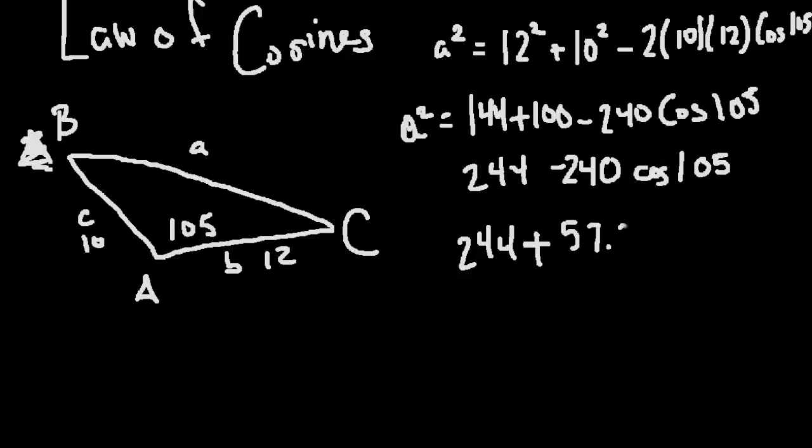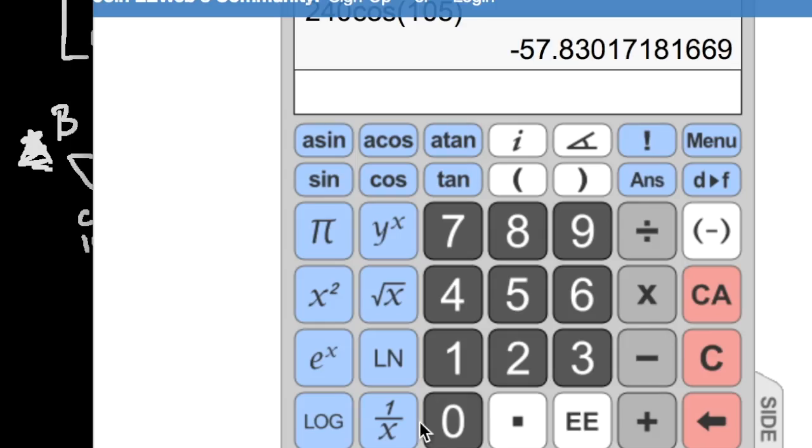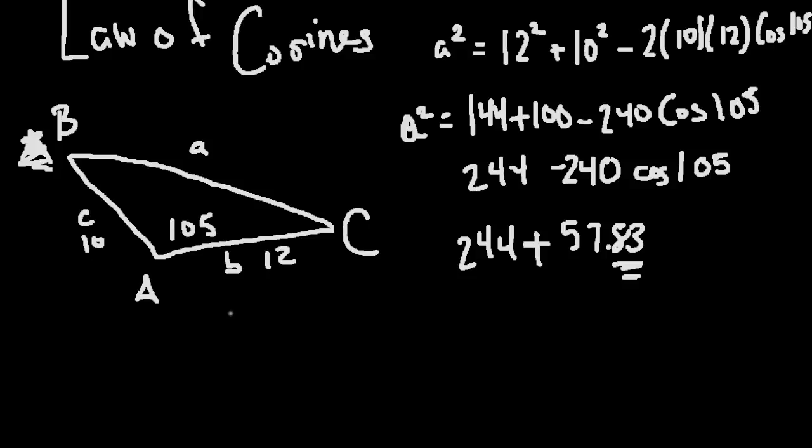We'll put 244 minus answer, which brings the 57.83 down, and you'll get 301.83. That's a squared, so a squared equals 301.83 or so.